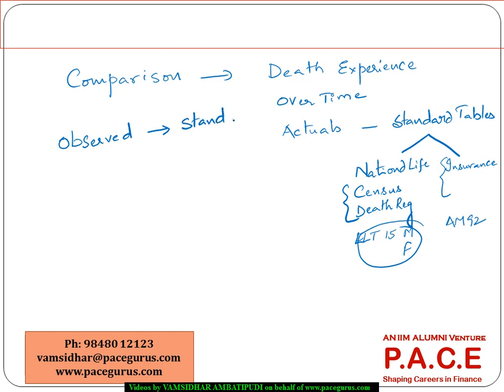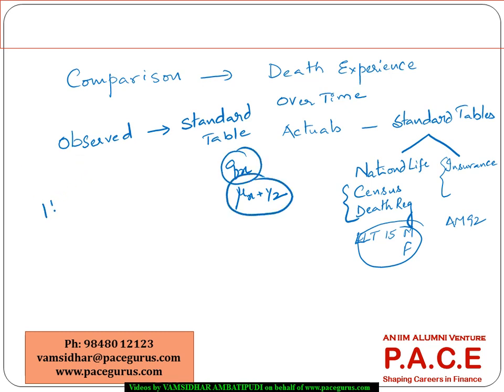Whatever is the standard table I am taking, I could have taken AM92 or ELT 15, I have to test whether my observed mortality rates at each of the ages are consistent with respect to the standard tables. With respect to the standard table, depending on whether I am going on a discrete note, I will be using Qx. Otherwise, I am taking mu x plus half. So, from my standard table, I am considering these kind of values and I am taking the observed.